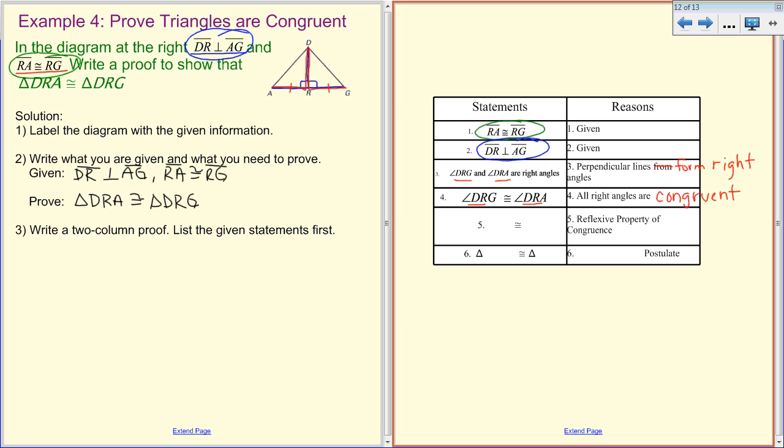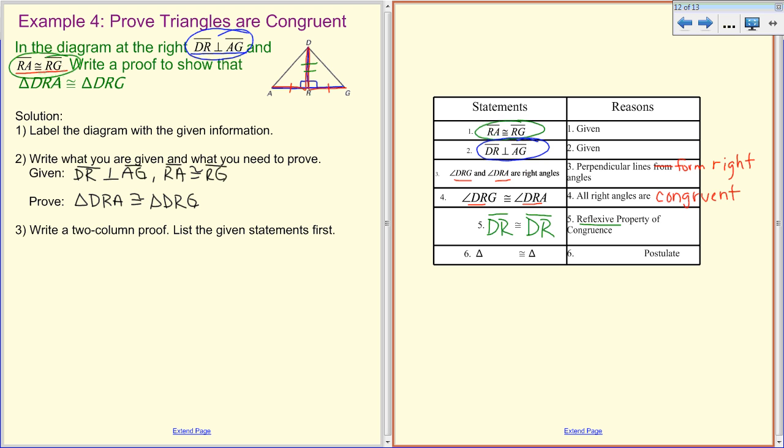So then number 5, we have our reflexive property of congruence. Well, when would I be looking to use the reflexive property of congruence? Those are the shared sides. Anything that's shared is reflexive. So if we look, they share this side. So I can say DR is congruent to DR. So now what we look at, we had a congruent side, we had a congruent angle, we had a congruent side.